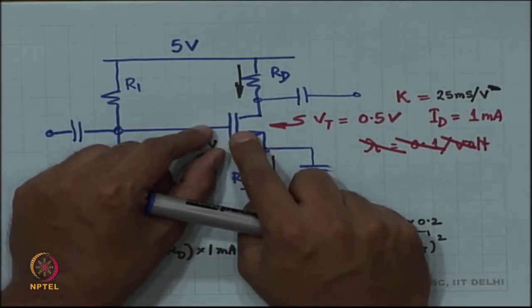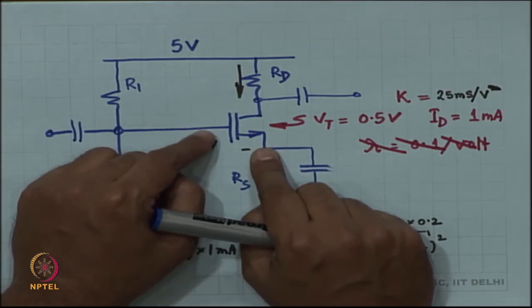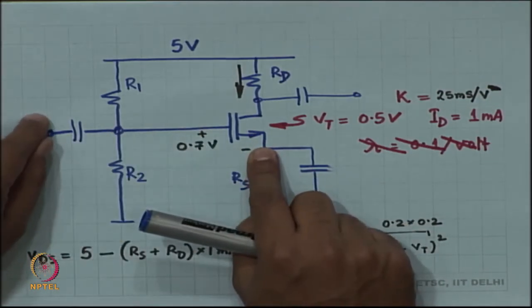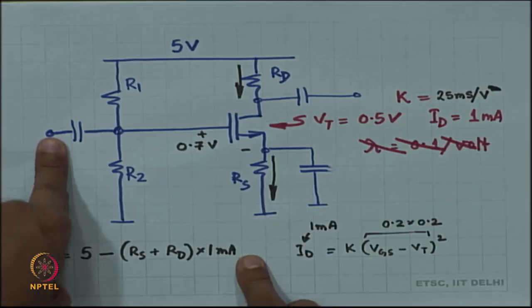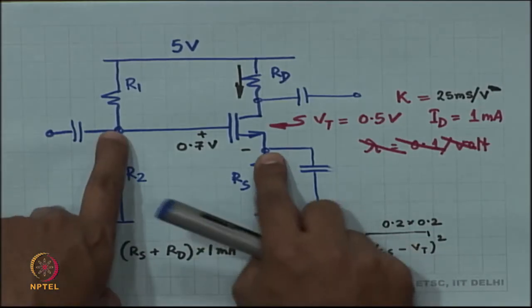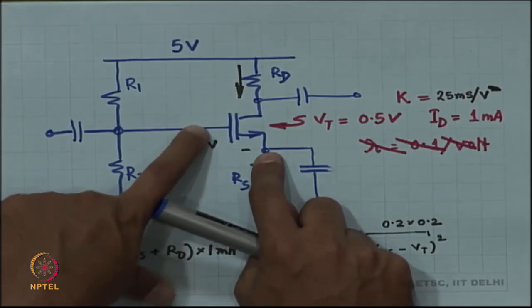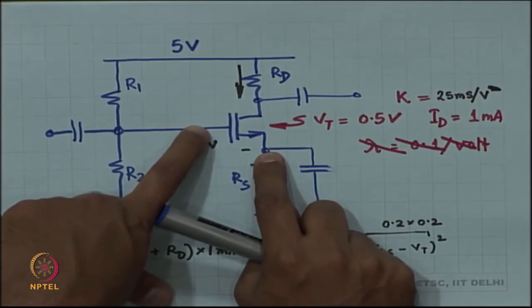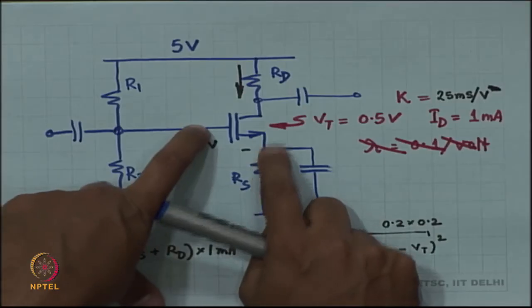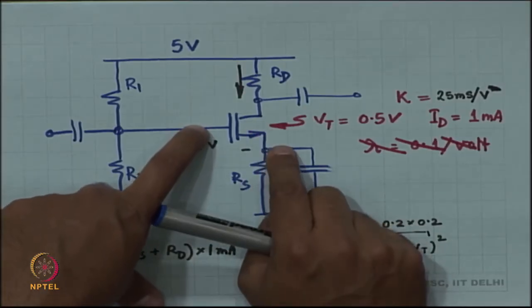There is a GM current which is caused by VGS. So, if I incrementally change the voltage at the gate, at the source the voltage is constant. So, this VGS is an incremental change across the MOSFET. This creates an incremental change in the current, right. How much?